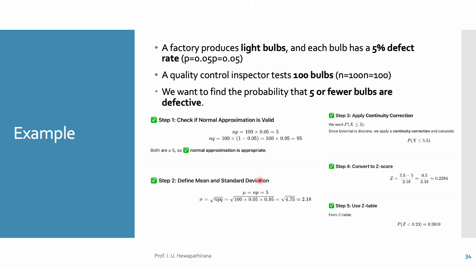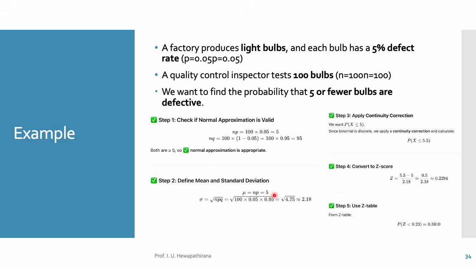Then to define a normal distribution, you need the mean and the variance, or the mean and the standard deviation. The standard deviation of a binomial distribution is the square root of n times p times q, and the mean is n times p.